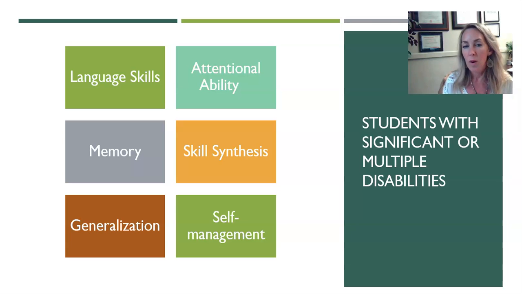Now, memory, most likely the area of memory that's going to be most impacted is short-term memory. So with more rehearsal, students can move information from short-term memory to long-term memory, and that information can be retained.